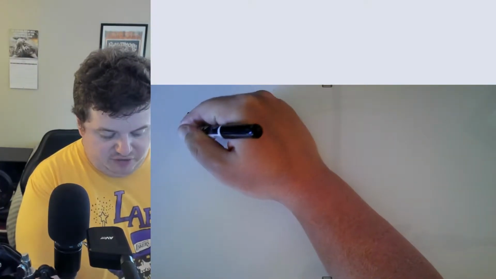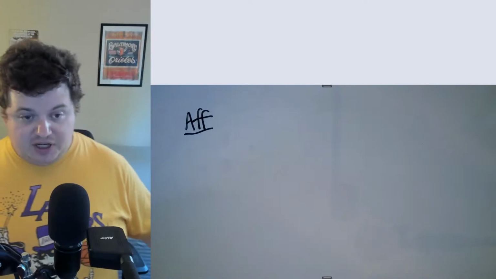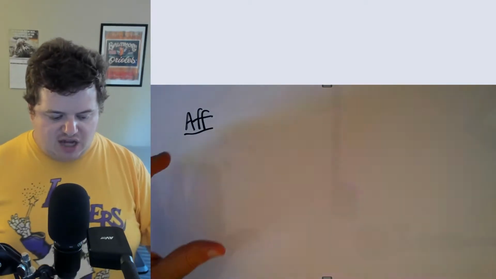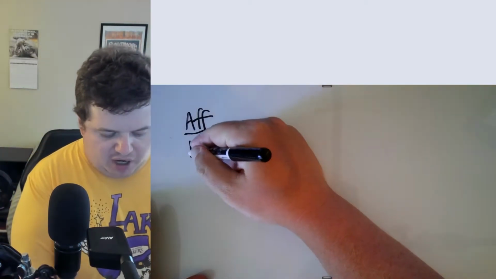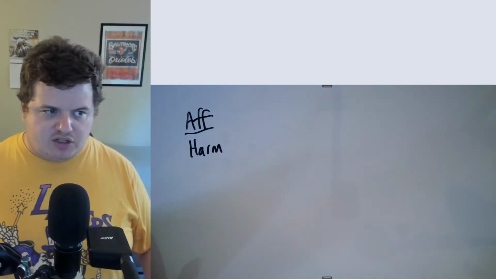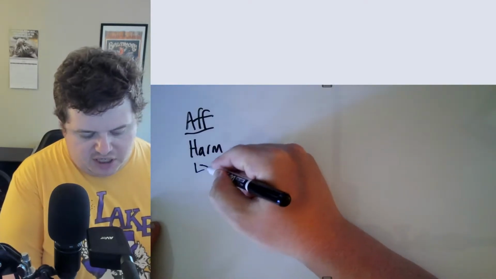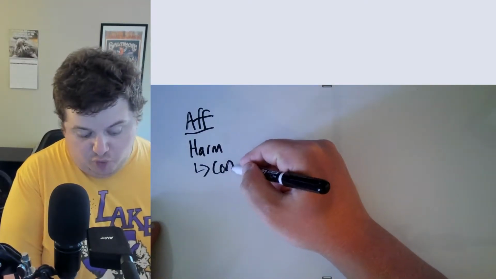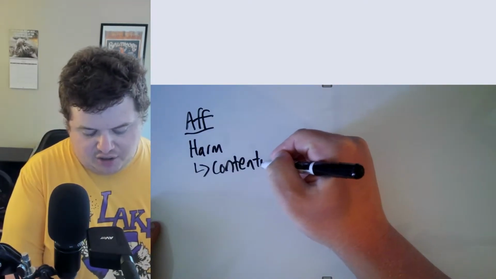The affirmative in the debate exists because a problem exists and they think that that problem needs to be resolved. So they say, we need to resolve a problem or some harm is going to take place. Normally, that harm takes the form of a contention, right?